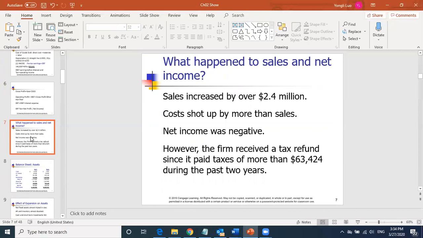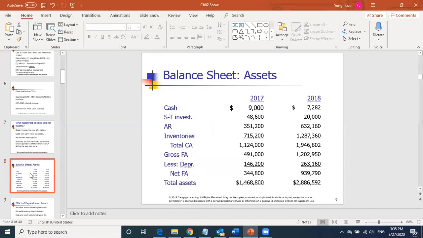So we talk about the next question: what happens to the sales and net income? Why do they ask this question? Because when your sales increase, typically your net income will increase. However, they are not on the same path.